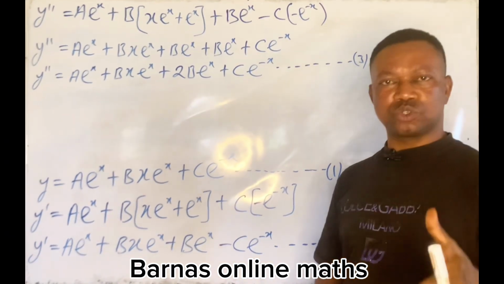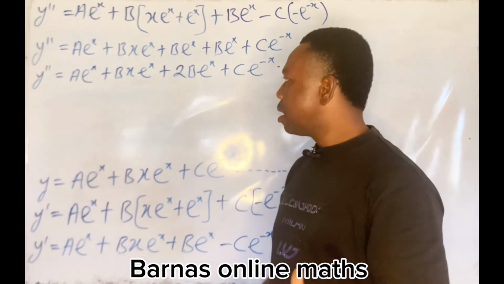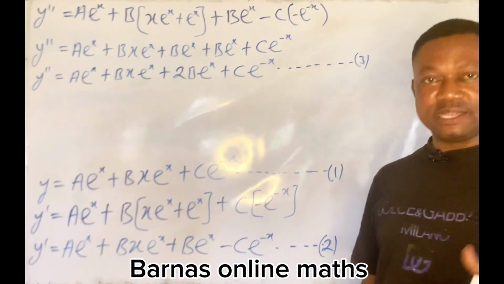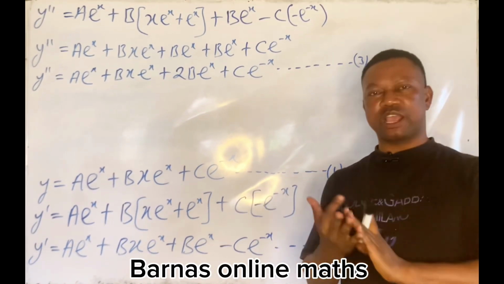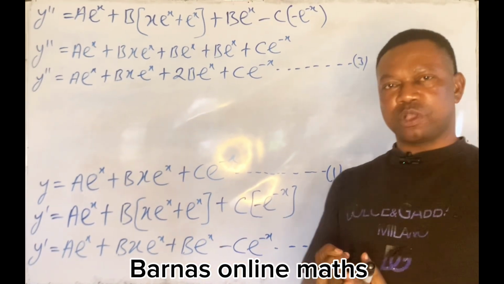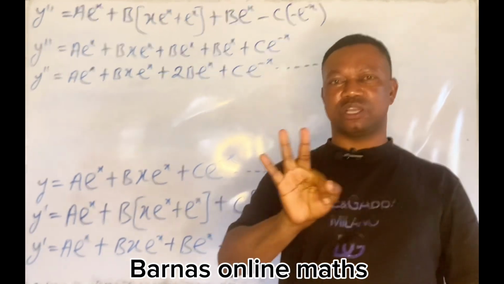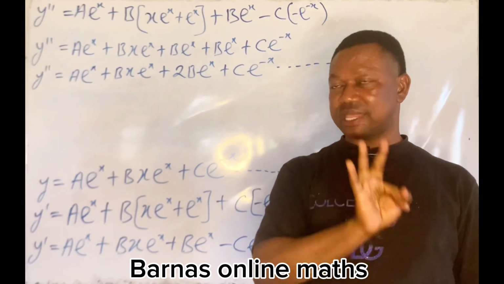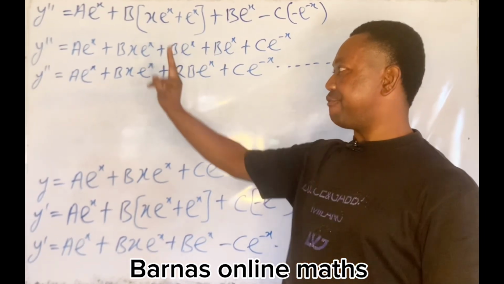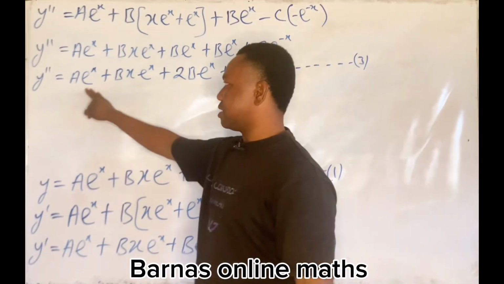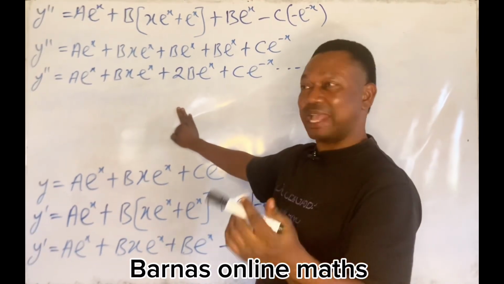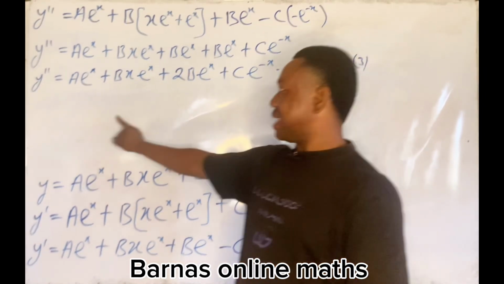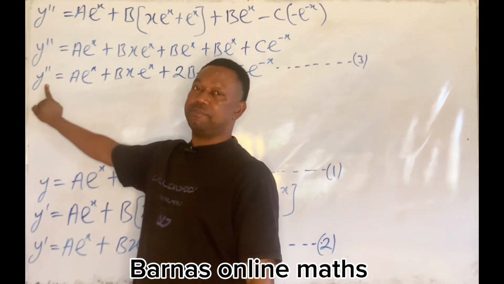There is need for us to find the third derivative. Remember, we have 3 constants. Because of that, we are going to differentiate the function up to 3 times. So we have done the first one. This is the second derivative. We are going to find the third derivative by differentiating y prime prime.